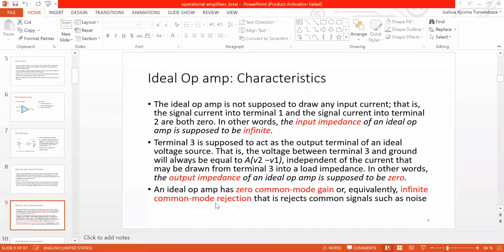If V1 is equal to V2, your output V0 will become 0. In our case, the voltage at terminal 3, V3, will be 0. That is what we're referring to as 0 common mode gain, or infinite common mode rejection. That's a very important characteristic of the op amp.